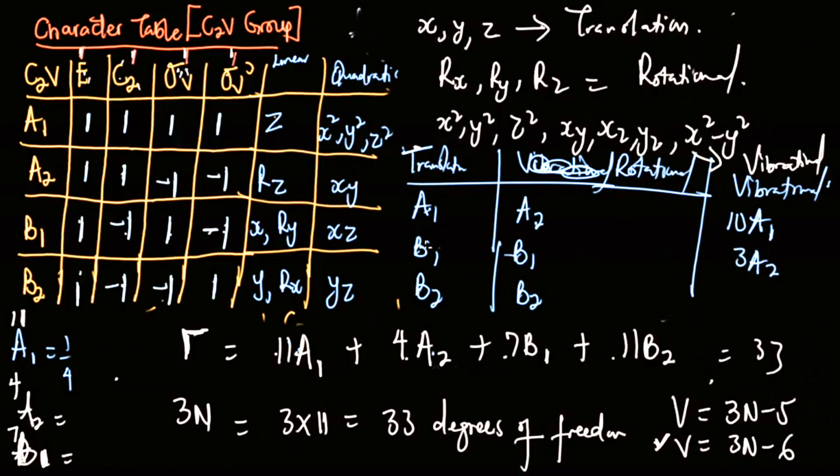We remove 2 B1, so that gives us 5B1, and the last one B2, so we have 9B2. So these are basically the vibrational modes in the compound.